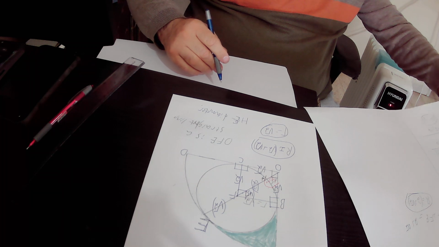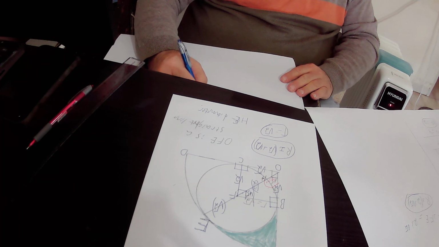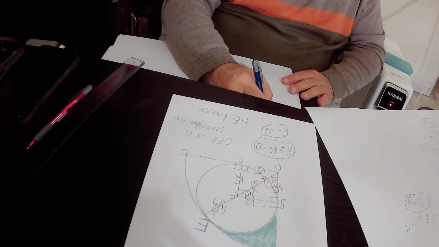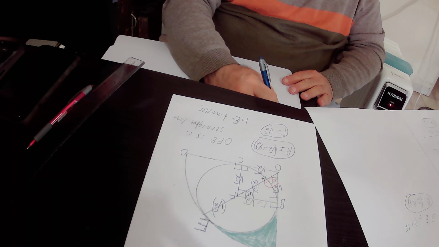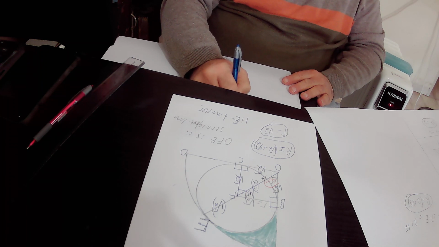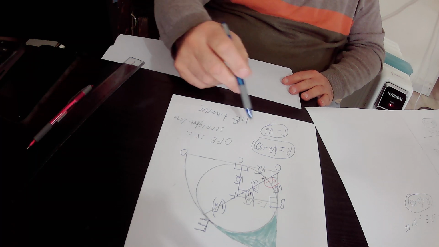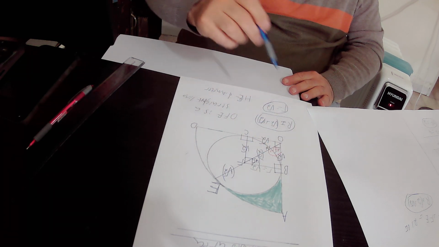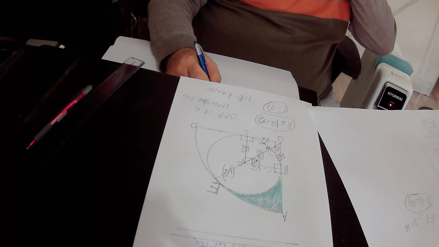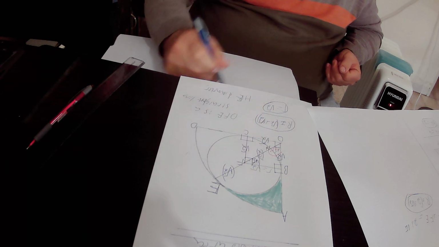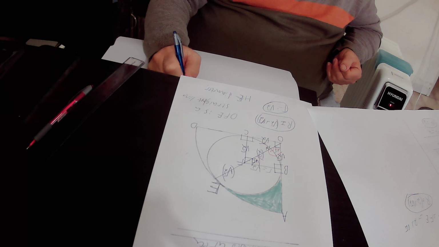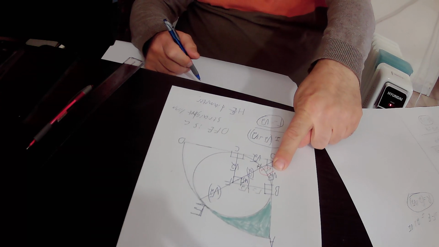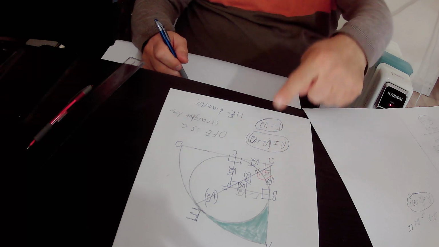The shaded area will be equal to the area of sector AOE, this sector, minus the area of this semicircle, minus the area of this shape that we can define as shape BHO. This one, shape BHO.